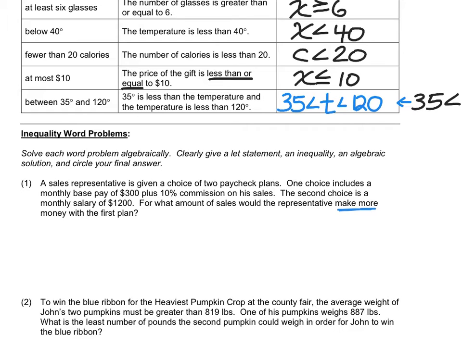So if you compare this to what we did in the last unit, you're not noticing much of a difference except for the make more part. Because in the last unit, the question would be something like, for what amount of sales would the representative make the same amount of money? We'd use an equal sign. Here we're using an inequality. So very slight adjustment. So let X equal the number of sales.